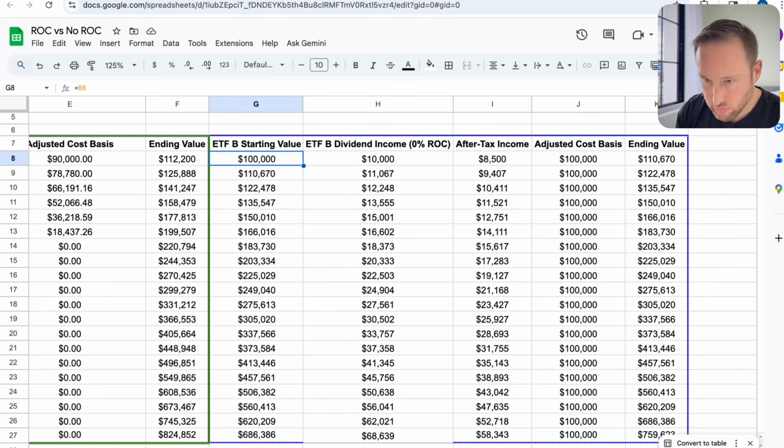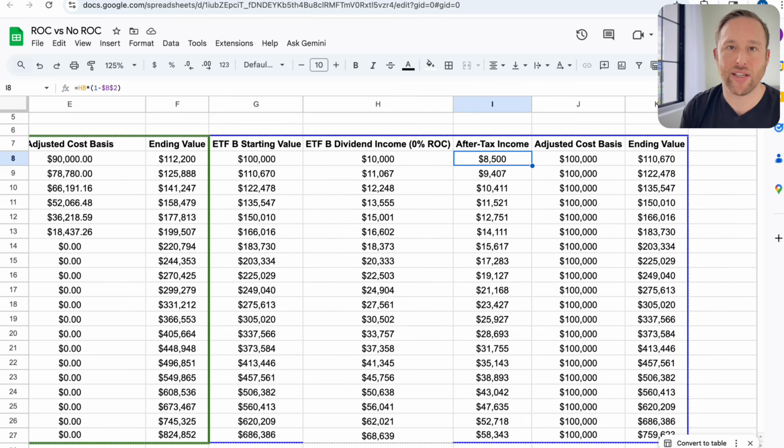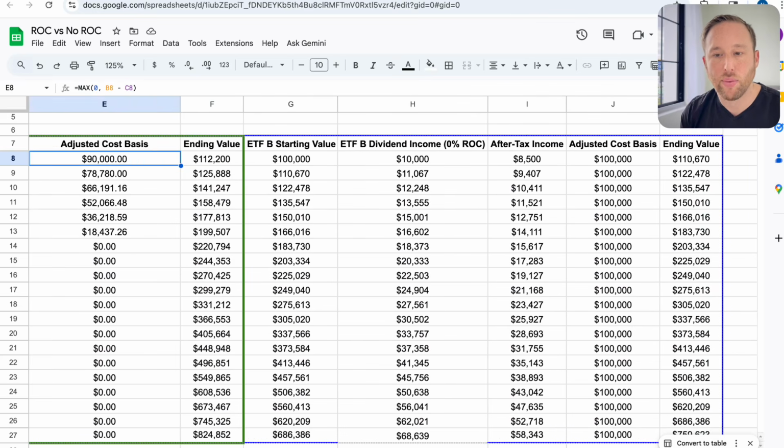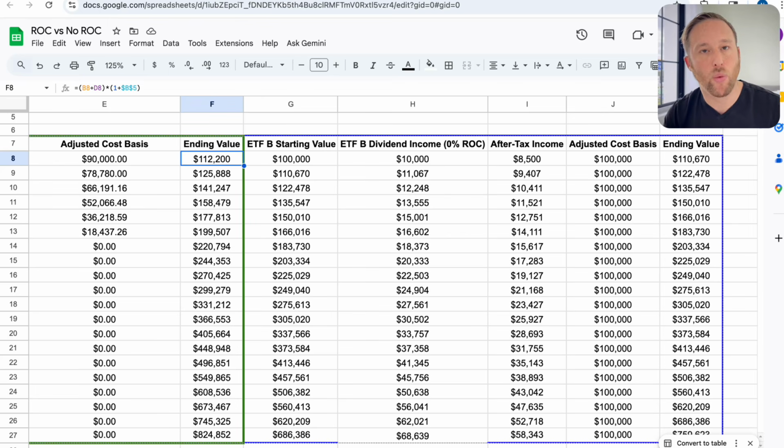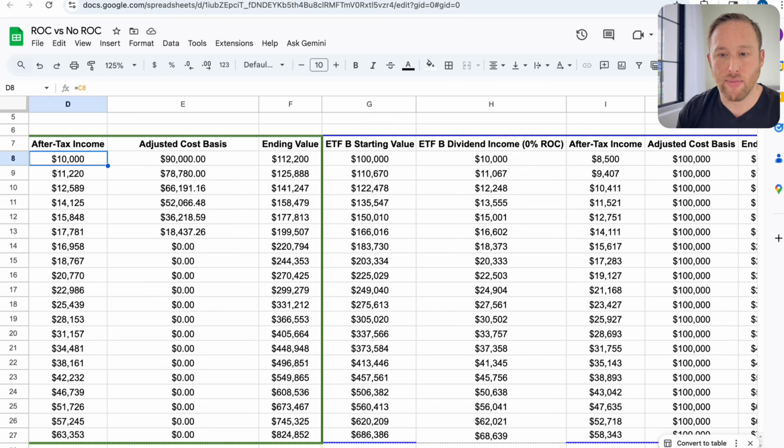So from your initial value, you get your 10K income. You reduce it down because of the taxes you have to pay on the income for that year, and your end value is the appreciated asset plus your income after tax. So 110K. But you can see already a difference, right? For ETF-A, we have the benefit of having more assets to work with because we're not stripping away the assets via tax, and then we have the benefit of compounding the extra money that isn't being taxed immediately over the long run.